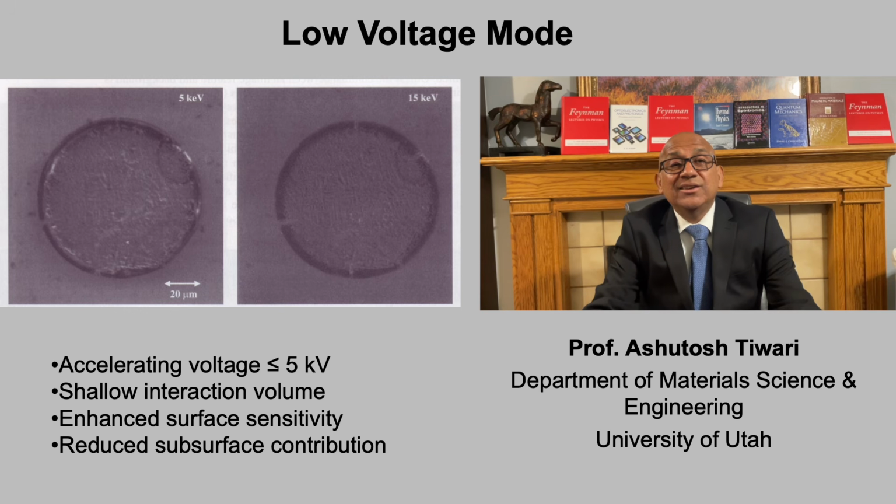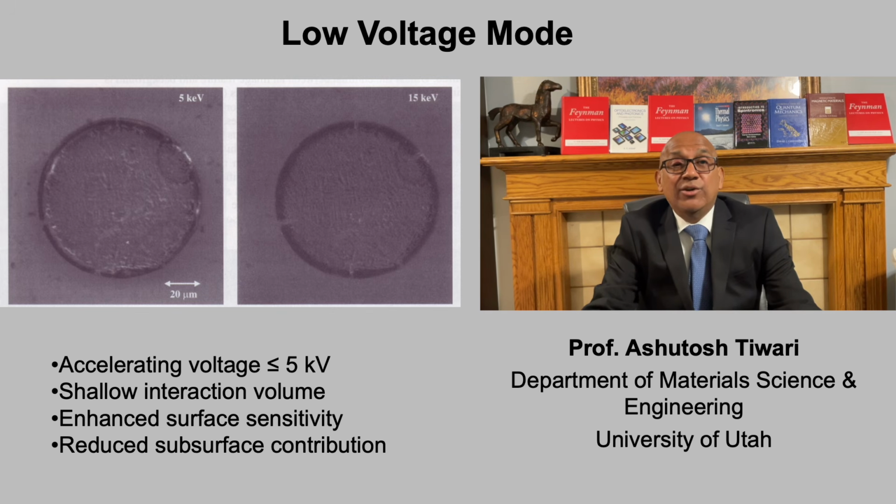On the right, the image acquired at 15 kV appears smoother and less surface specific because the higher energy electrons penetrate deeper into the sample, increasing the contribution from subsurface regions. By reducing the accelerating voltage, we effectively suppress these deeper signals and improve true surface contrast.